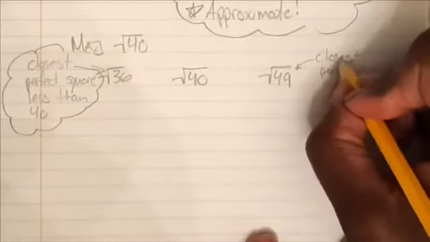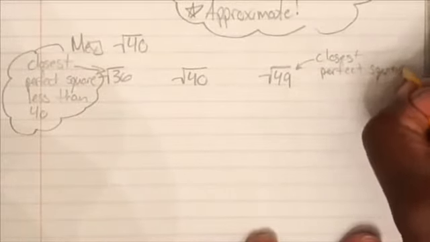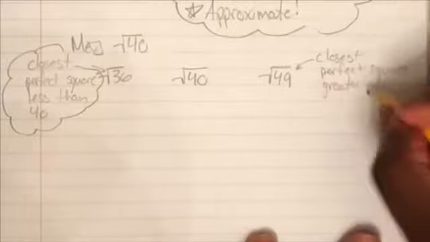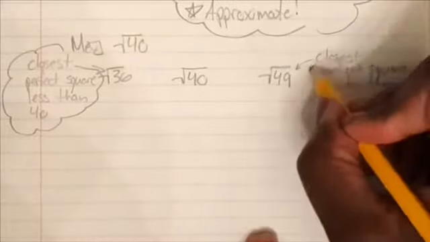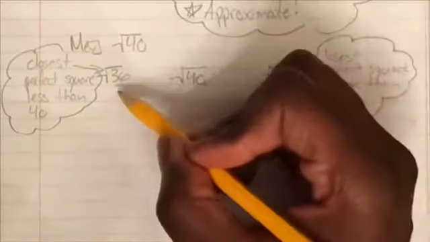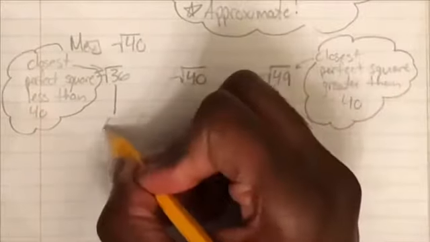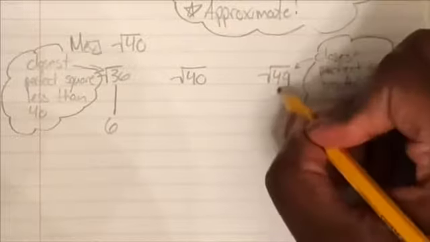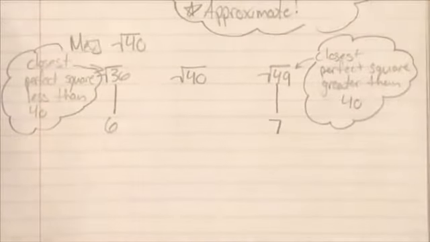On the other side, we have 49, the closest perfect square greater than 40, because 7 times itself gets me 49. So the square root of 36 is 6, and the square root of 49 is 7.